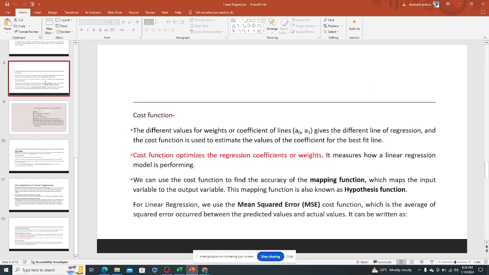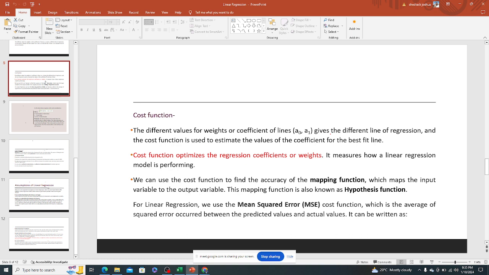Basically, for cost function, we only have one that is commonly used, known as the mean squared error. The more we minimize the mean squared error, which is our cost function, the stronger our coefficients.